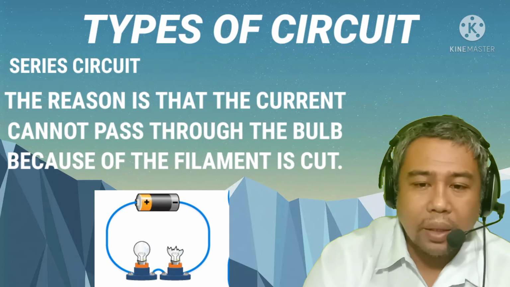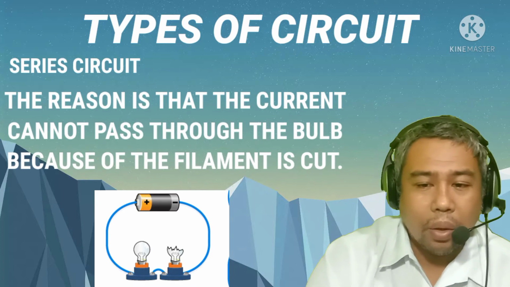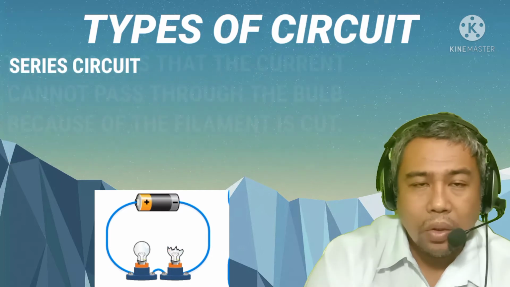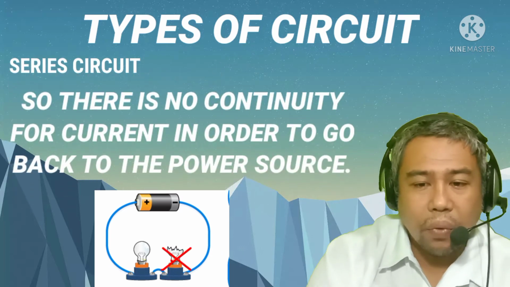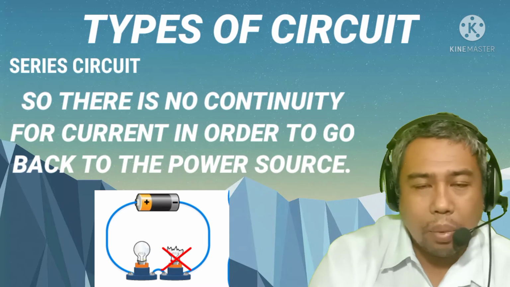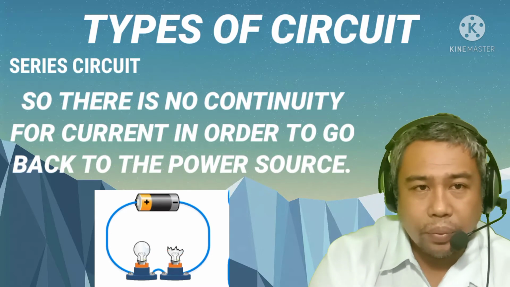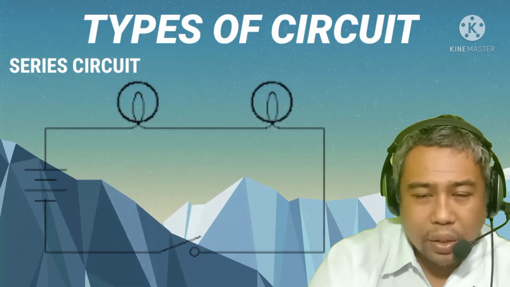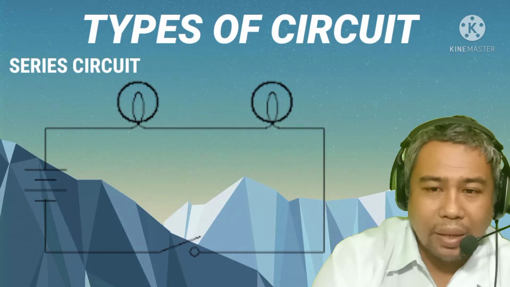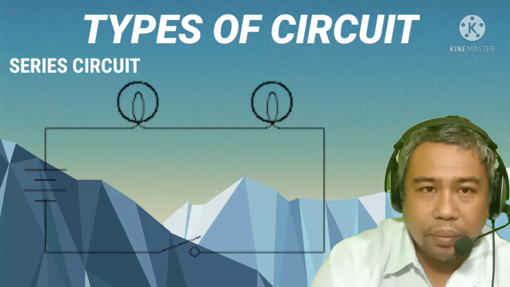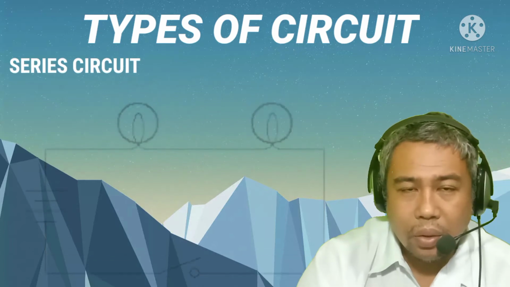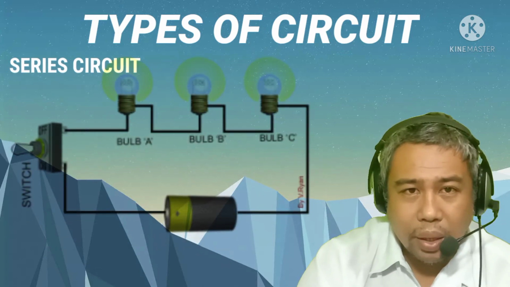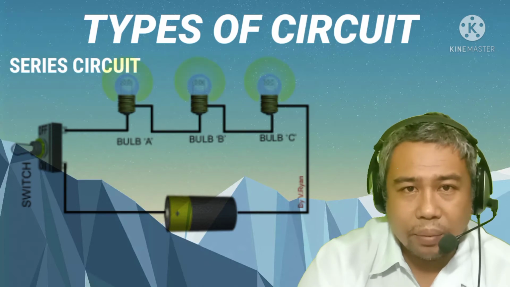The reason is that the current cannot pass through the bulb because the filament is cut. So there is no continuity for the current to go back to the power source. Here is the diagram of a series circuit, two bulbs connected in series. Here is the pictorial diagram of a series circuit, three bulbs connected in series.